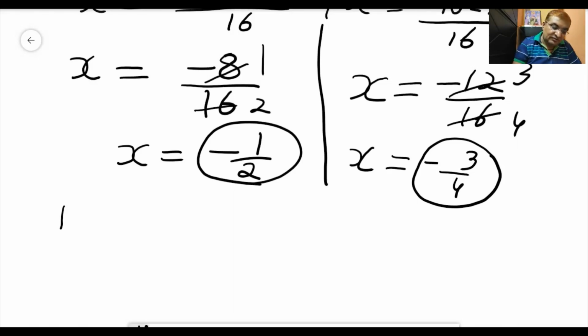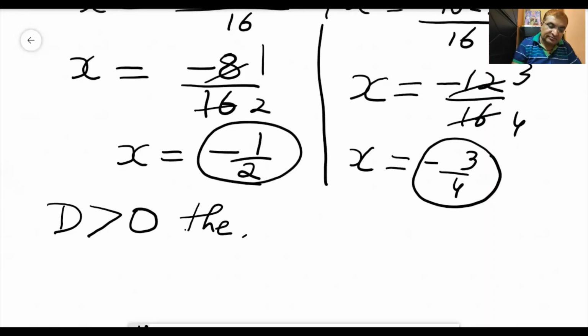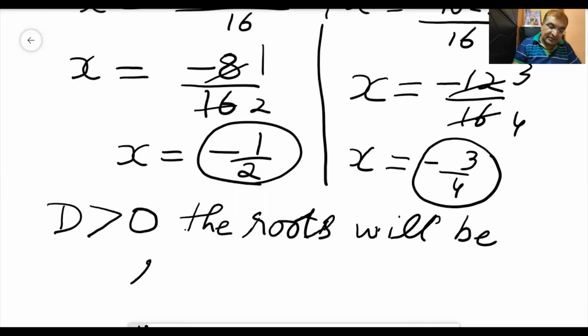So what we observe is when d is positive, d is plus 4, meaning greater than 0, the roots will be real but not equal.